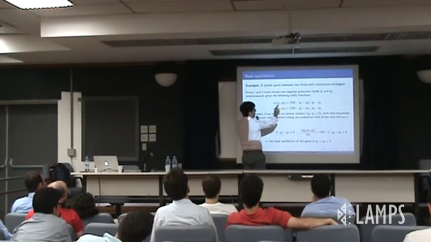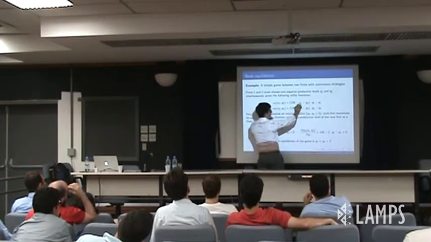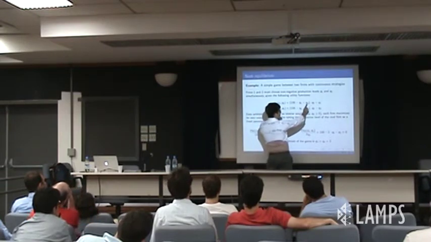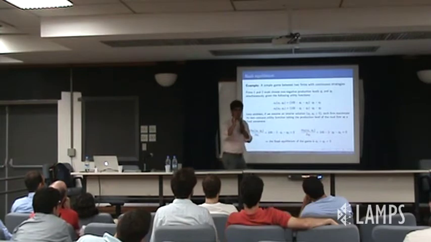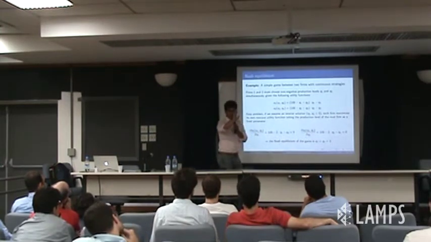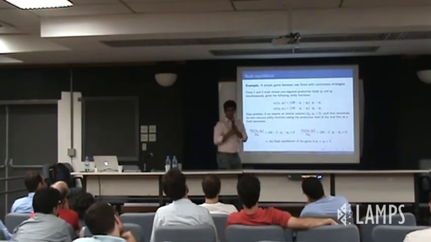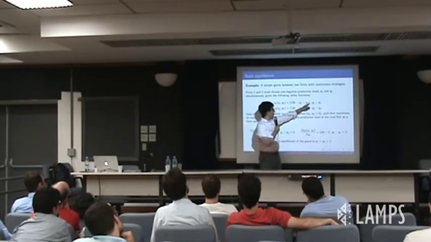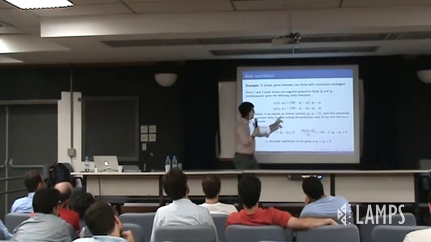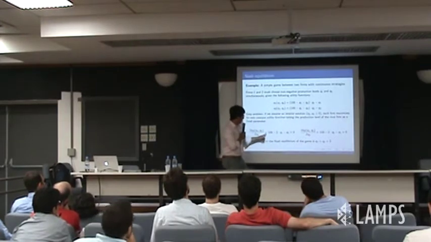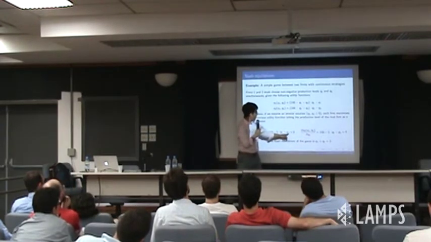So when I do the derivative of this with respect to Q1, I treat Q2 as a parameter. Okay? It's like a number. It's not Q2 of Q1. I don't see that as a function of something. It's just a parameter. So if I do the derivative of that, I get 100 minus 2 Q1 minus Q2.